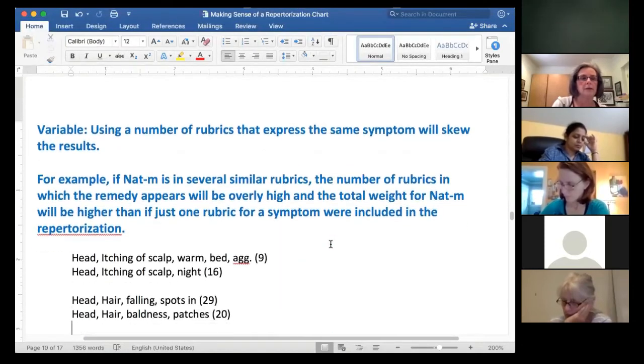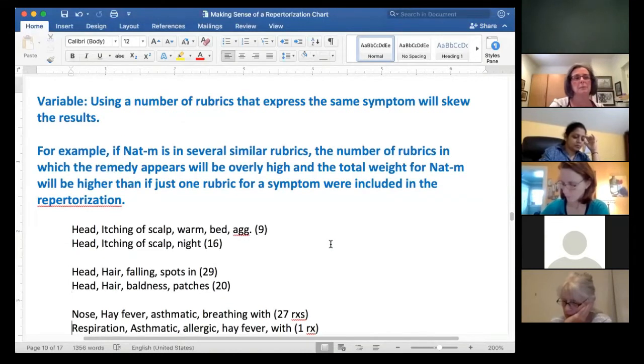Okay, so here's another variable that comes up in doing a repertorization, and that's that you find several rubrics that nicely explain your symptom that you want to include. And so you put all 3 of them in your repertorization. Well, what happens is, let's say it's Nat-mur, and you have 3 rubrics that have Nat-mur in them. Then the number of rubrics in which the remedy appears will be overly high.